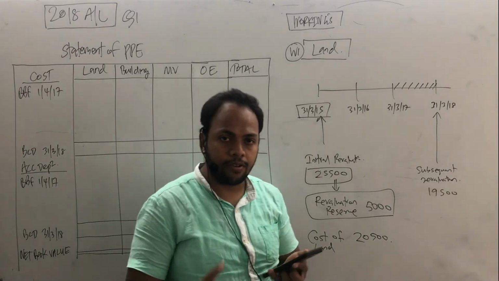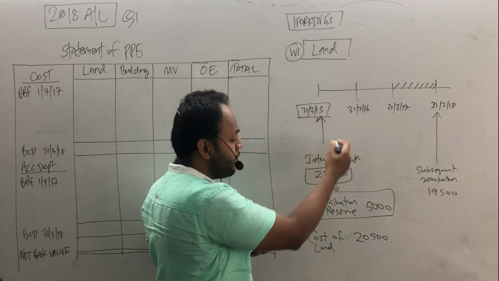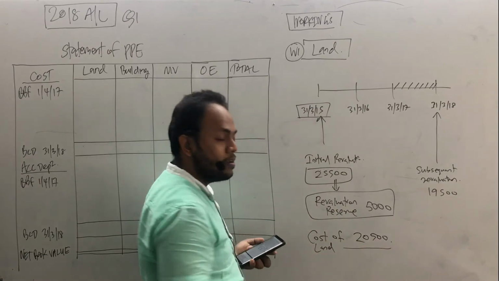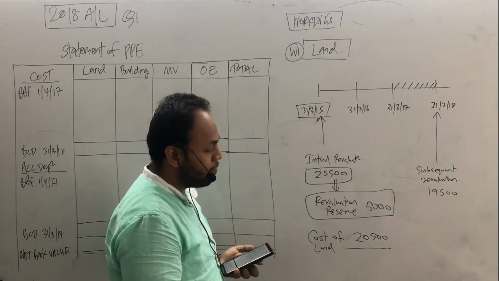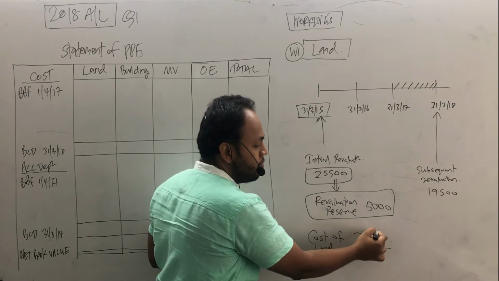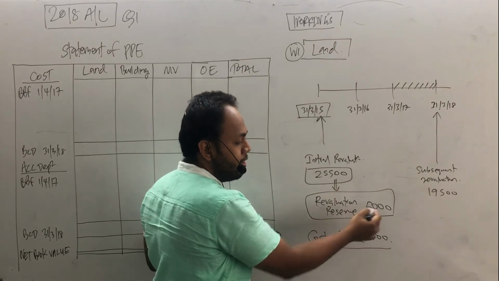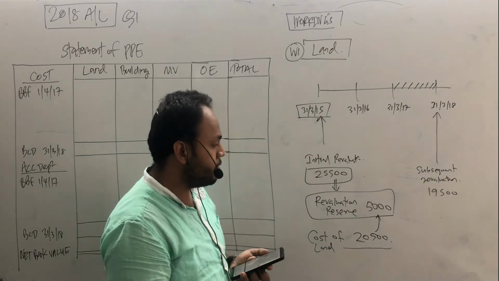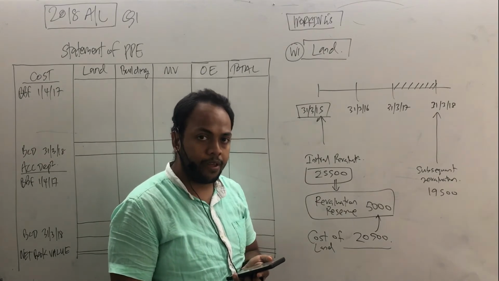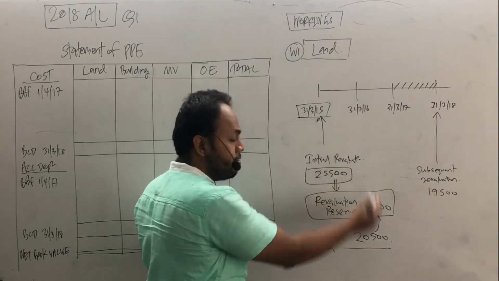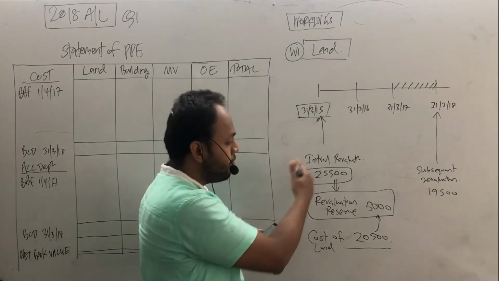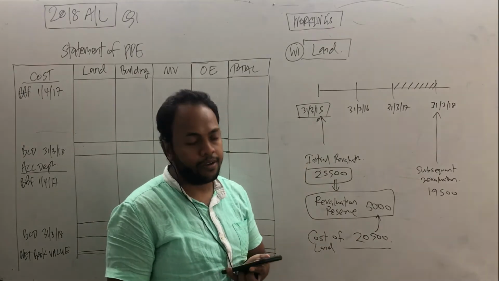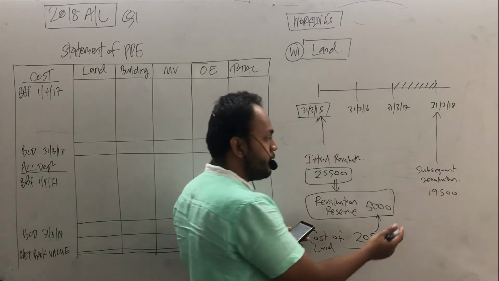That means on 31st March 15, we had a land worth 20,500, revalued at 25,500. The revaluation profit is 5,000. So that is initial. This part is done. Accounting is done for this. Double entries are recorded. Now, subsequent revaluation.